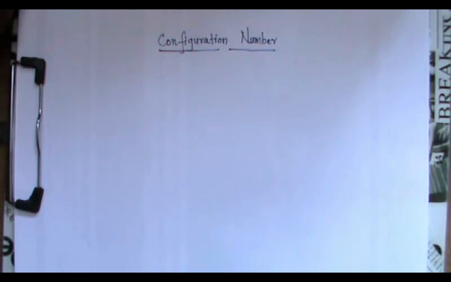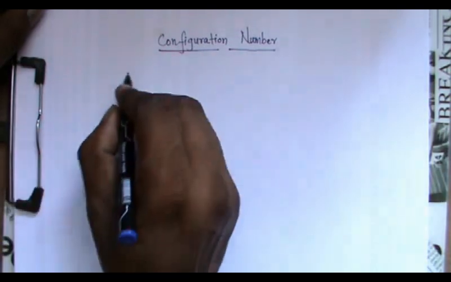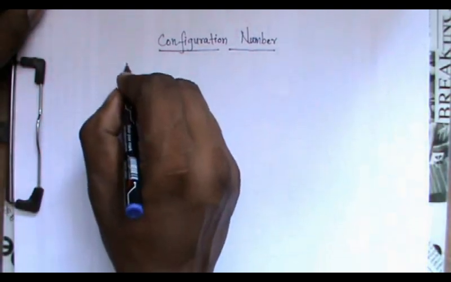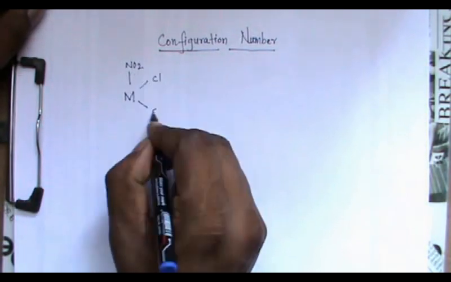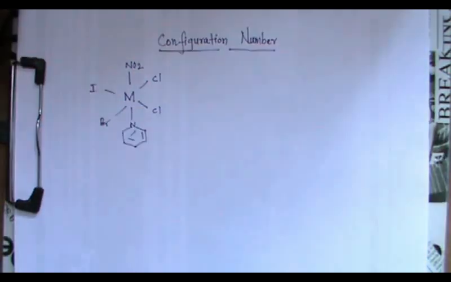That is nothing but configuration number. Let us consider a complex like this. Metal is attached with some ligands like this. I have taken 6 different ligands, but it is not compulsory that all the 6 ligands should be different. Also, it is not compulsory that the stereoisomer should be optically active.